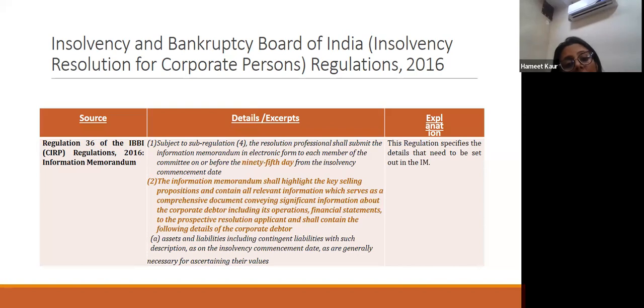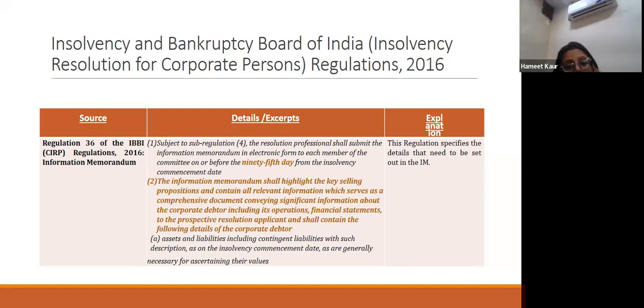Subregulation 1 says, subject to subregulation 4, the RP shall submit the IM in electronic form to each member of the committee on or before the 95th day from the insolvency commencement date. The Information Memorandum shall highlight the key selling propositions and contain all relevant information which serves as a comprehensive document conveying significant information about the CD, including its operations and financial statements, to the PRA, and shall contain the following details of the CD. So further details are enumerated.